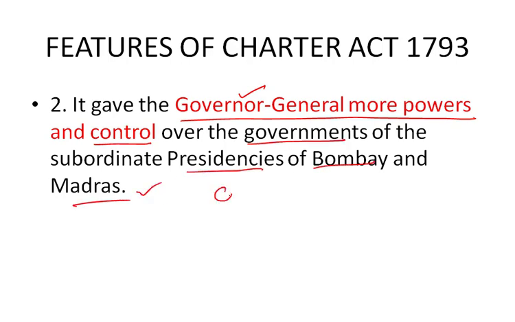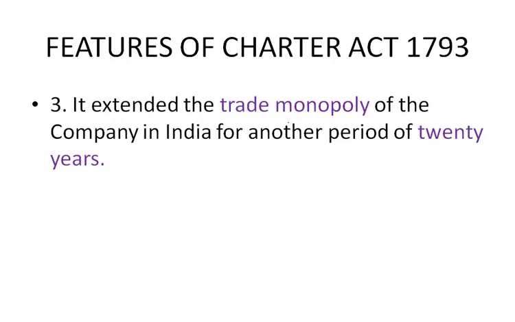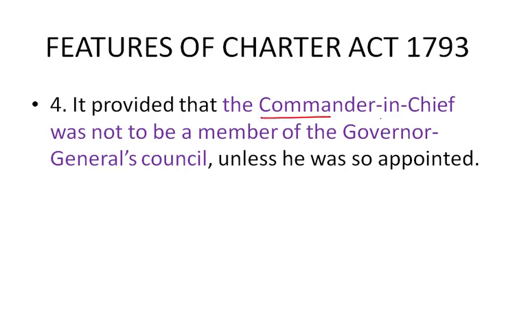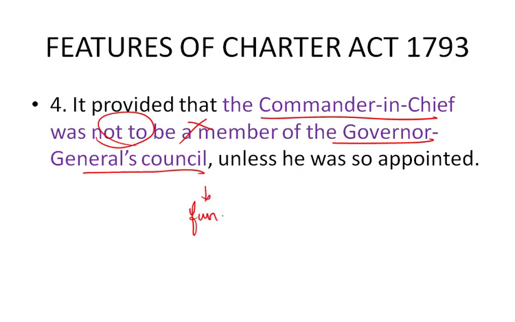And the third feature is that it extended the trade monopoly of the East India Company for another 20 years. This Act also provided that the Commander-in-Chief was not a member of the Governor General in Council, and his functions would be delivered by the Governor General.